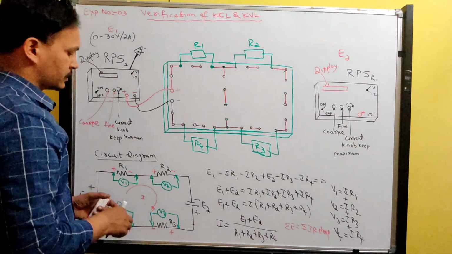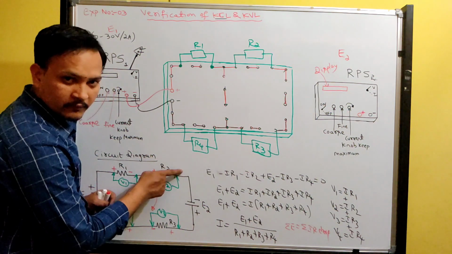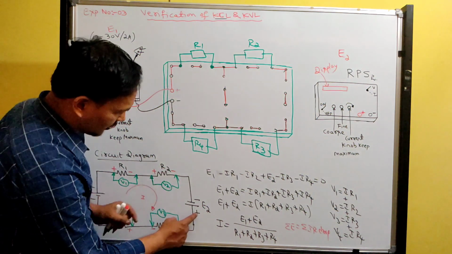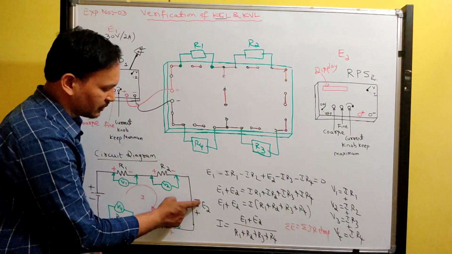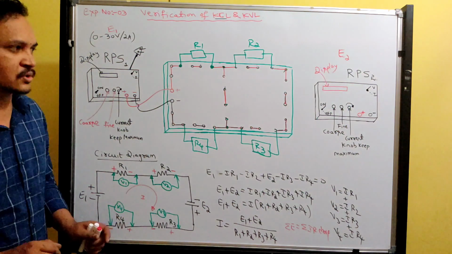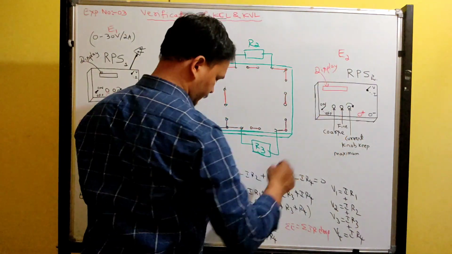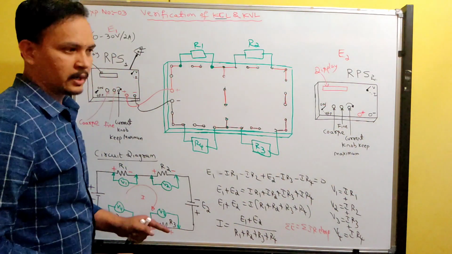Okay, got it? See, now I need to connect a voltage source, with R2 finishing the resistance and R3 starting the resistor. You have to connect plus of E2 to R3, and minus of E2 to R2. Like that you should connect. So E2 is here, so plus is here. Where should the plus terminal go? Plus should go to R3.